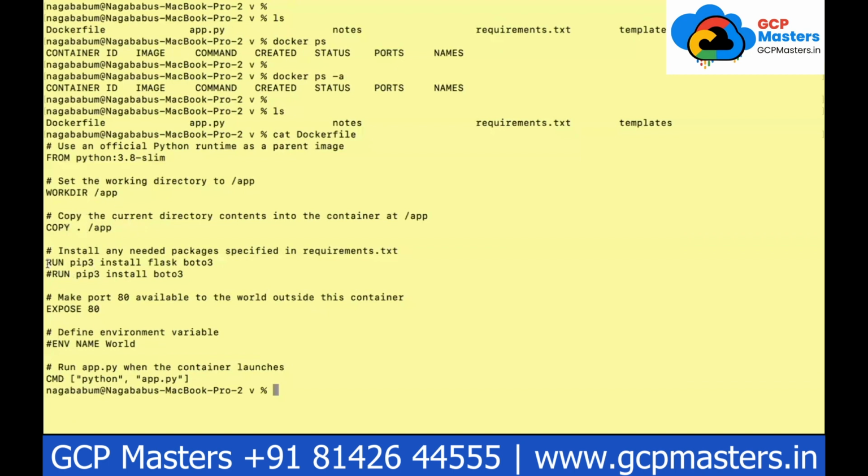Then you are running pip install flask boto3. Basically, these are installing the dependencies: Flask is a dependency, boto3 is a dependency. You are exposing this application on port 80, and you are simply saying to run this particular command whenever this image container gets started, CMD. We will see CMD and ENTRYPOINT in detail. So this is the Dockerfile.